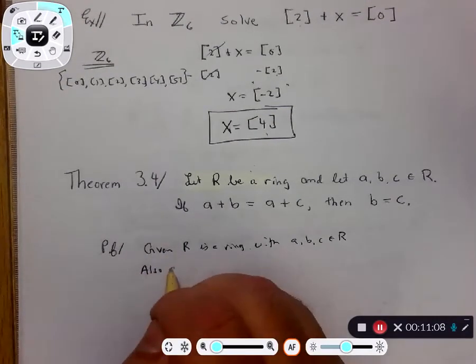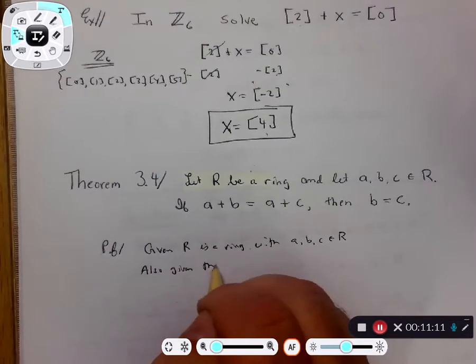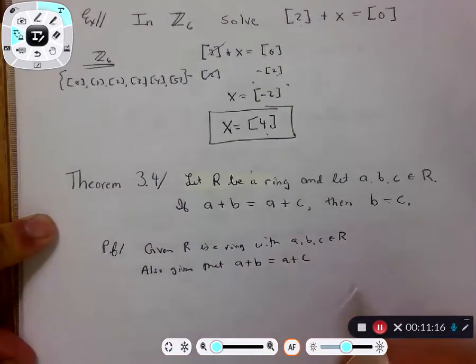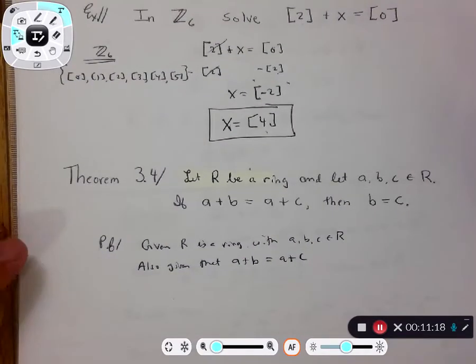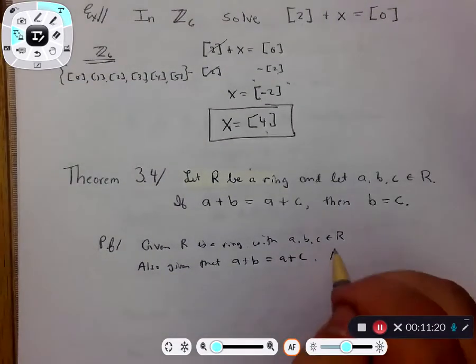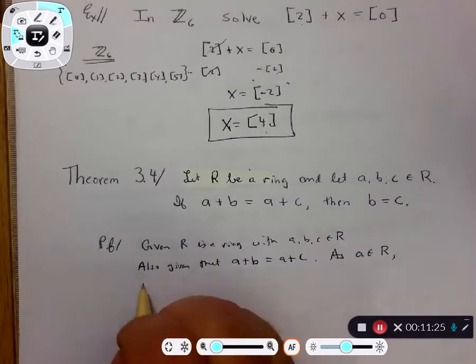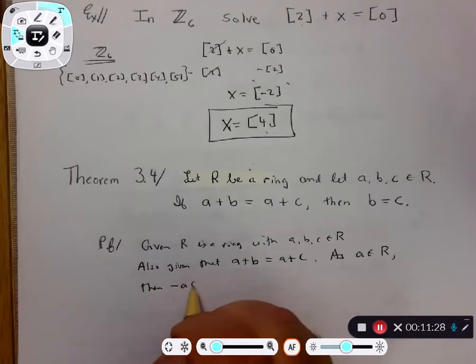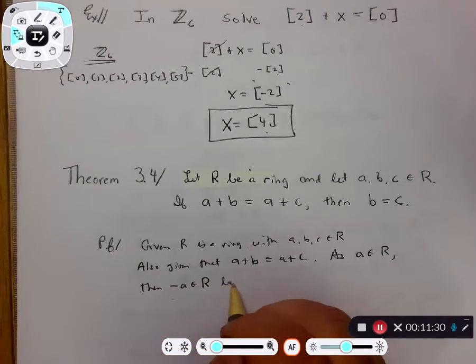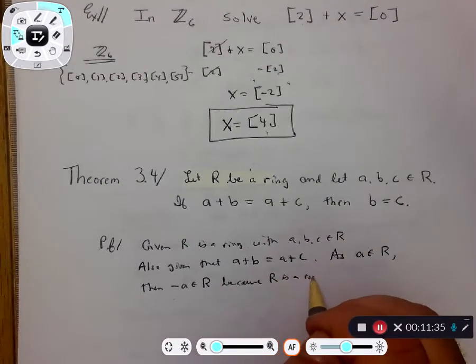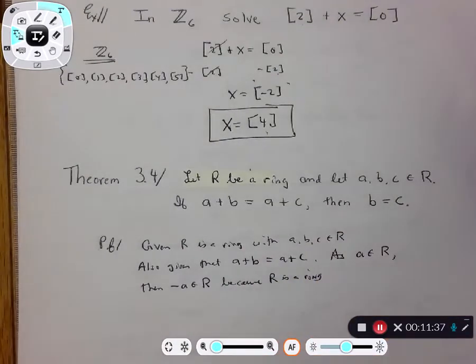Also given that, if means given, A plus B equals A plus C. Well, as A is an element of R, because it's a ring, then negative A is an element of R, because R is a ring. And remember, in rings, the solution for A plus X equals 0 is going to be inside the ring, and that is that unique element, negative A.